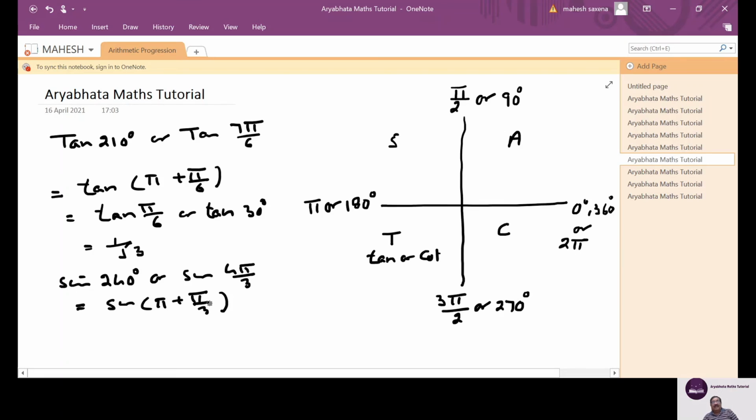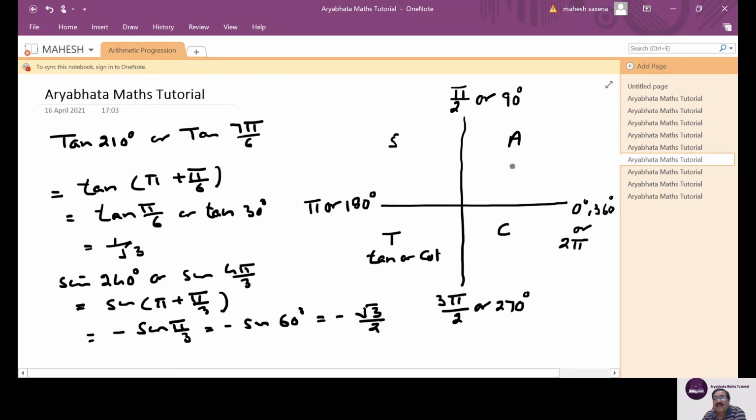Pi plus pi by 3 is coming in the third quadrant because it is pi, and pi by 3 is added to it. In this quadrant only tan and cot are positive. Therefore, sine of pi plus pi by 3 will be negative. Therefore, it will be minus sine pi by 3, that is minus sine 60 degree, and its value is minus root 3 by 2.